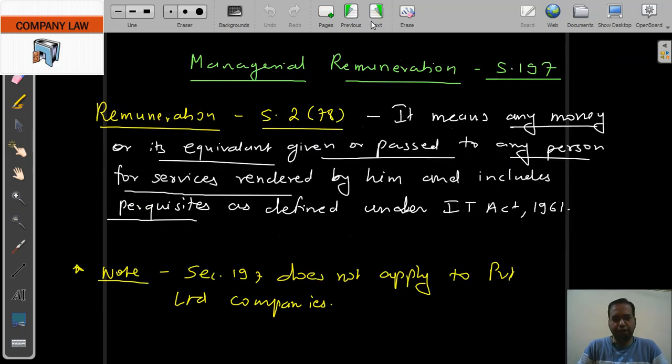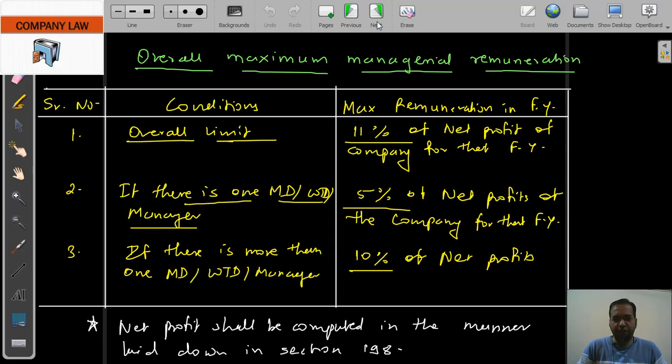Then managerial remuneration, which is to be paid. The remuneration definition we first understood, which means any money or equivalent given or passed to any person for services rendered by him, which may also include the perquisites. Overall maximum managerial remuneration we have understood in the tabular format.